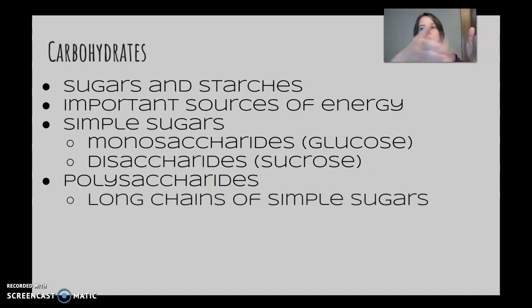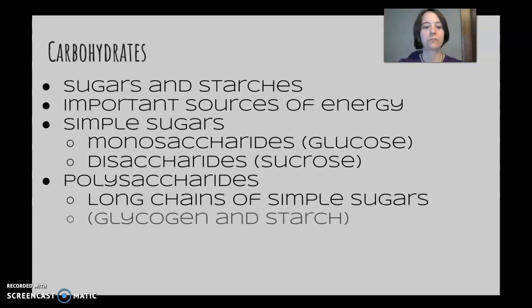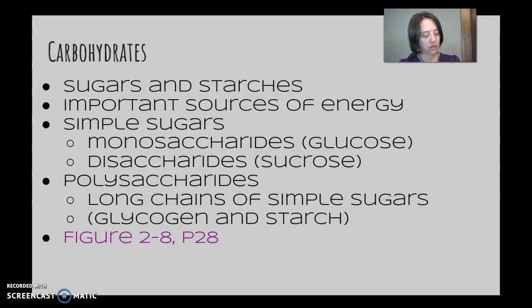So if you get glucose, glucose, glucose, glucose, glucose, glucose, glucose, and so on for a long time, you'll get starch that is found in plants, and then glycogen, which is found in animals. And there's a nice picture on page 28 of glucose, sucrose, and then glycogen, which is a storage form in our body where your body stores a whole bunch of sugar molecules together in a chain.